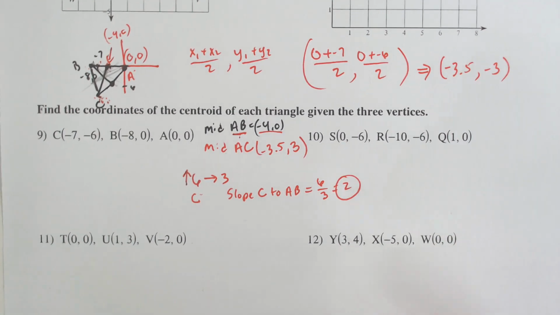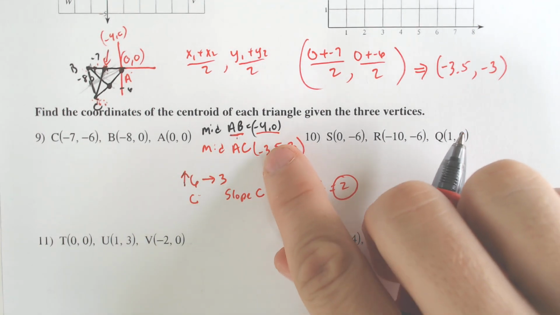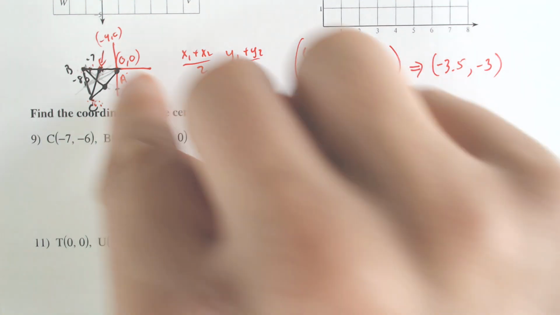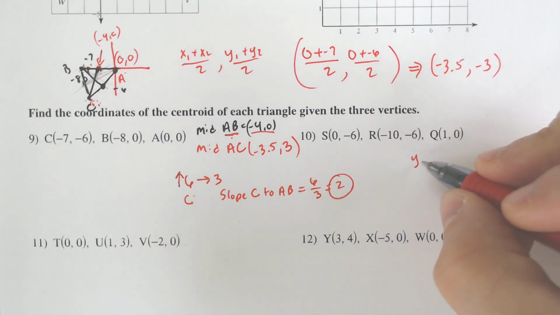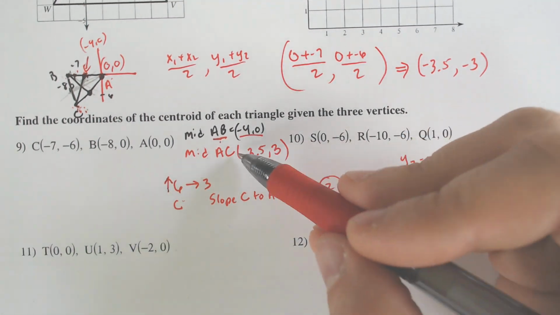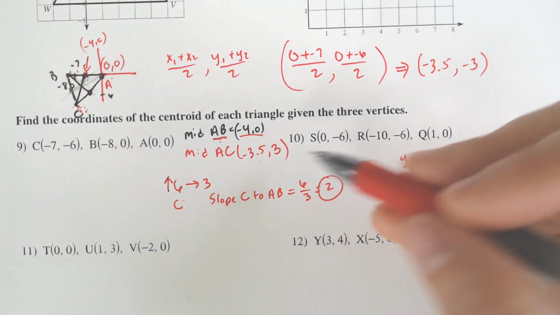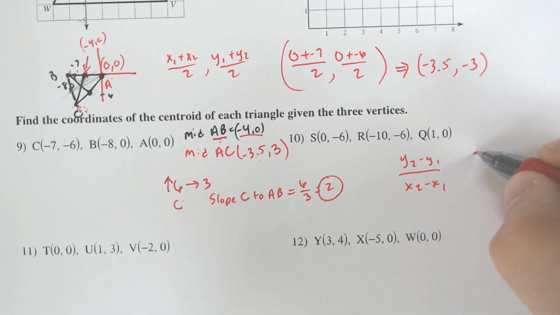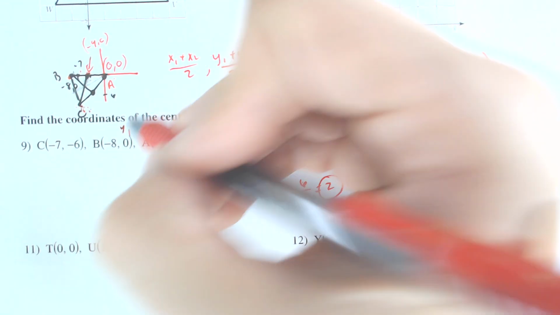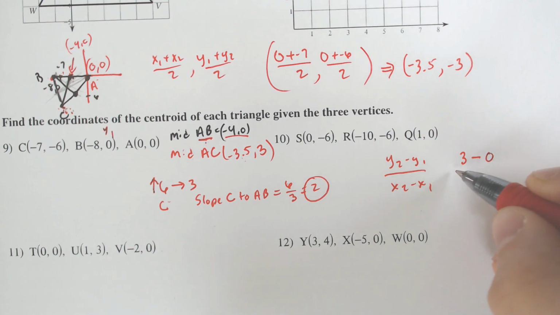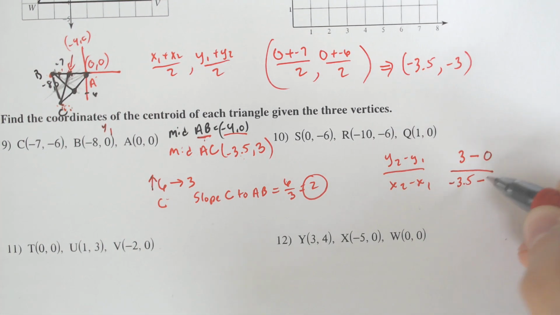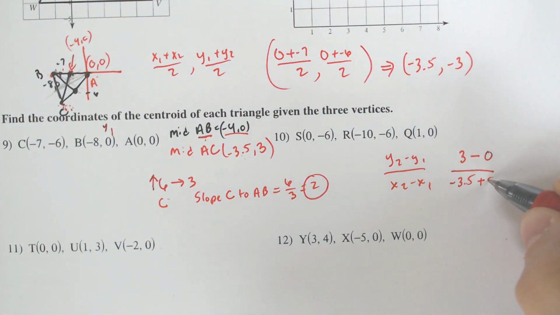All right, well, what is the slope from the midpoint of AC to point B? From the midpoint of AC to point B, I am going to use the slope formula because we got decimals. So midpoint of AC, we got y2 minus y1. I'm going to do 3 minus point B, which is 0, over x2, which would be negative 3.5, minus negative 8, which should turn into a plus 8.